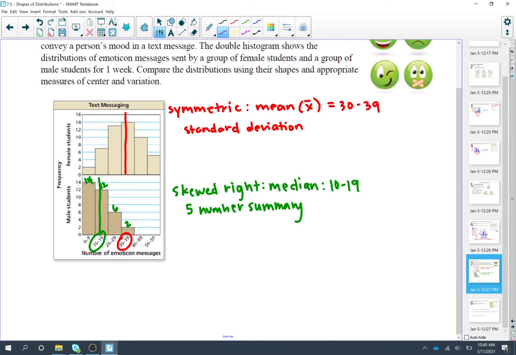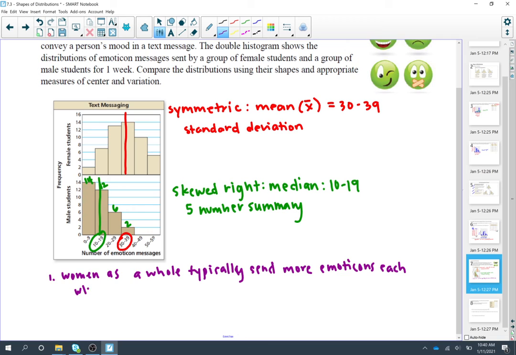So first of all, women as a whole typically send more emoticons each week than men. And you can see this by the mean and then the median. Their number's higher. Now, as for the spread, we're just going to kind of look here, okay?